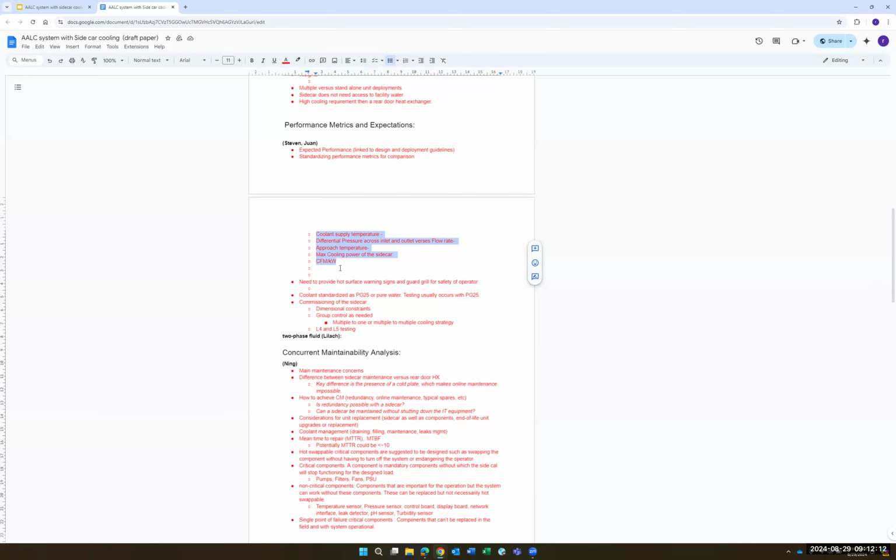So you mean basically a difference between performance metrics at the rated capacity versus performance metrics at an expected load or use case? Is that what you're trying to get at?